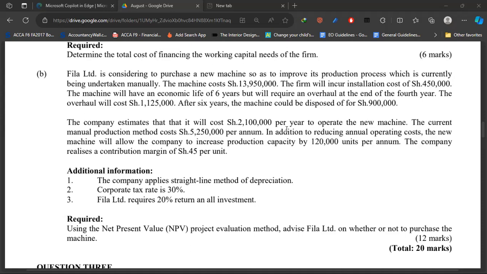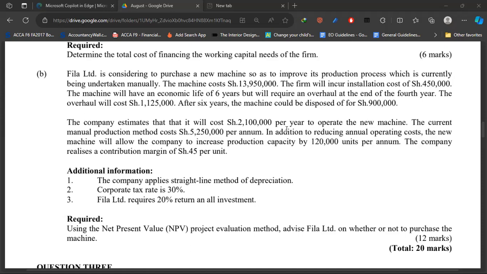The current manual production method costs 50,000 per annum. In addition to reducing annual operating costs, the new machine will allow the company to increase production capacity by 120,000 units per annum.